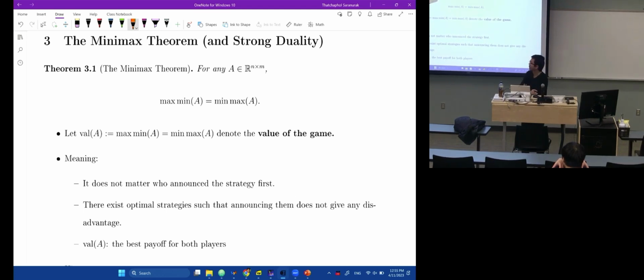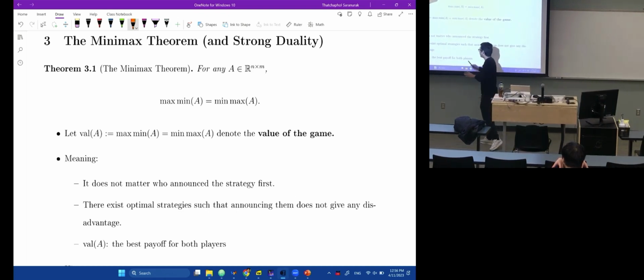before we prove it? It means that it doesn't matter at all when you are in a zero-sum game. It doesn't matter who announces the strategy first. There always exists an optimal strategy such that even if you announce that distribution, it doesn't give you any disadvantage.